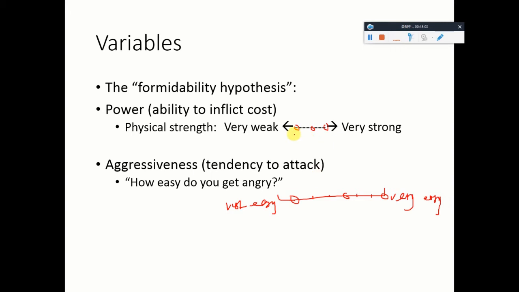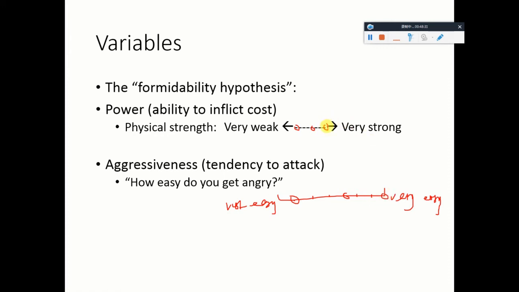So once we have the different values of this variable for each individual, we can immediately see whether or not there's a match, right? If the hypothesis is correct that a more powerful person is more aggressive, then we should expect that a person who scores higher on this scale will also score higher on this scale, right?